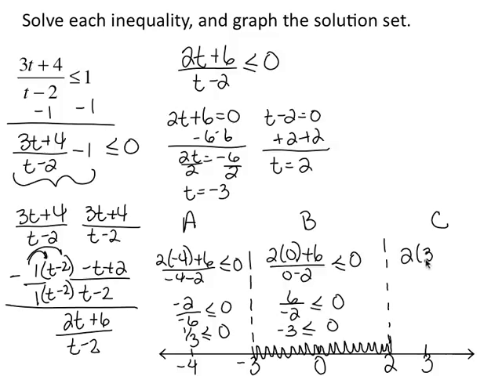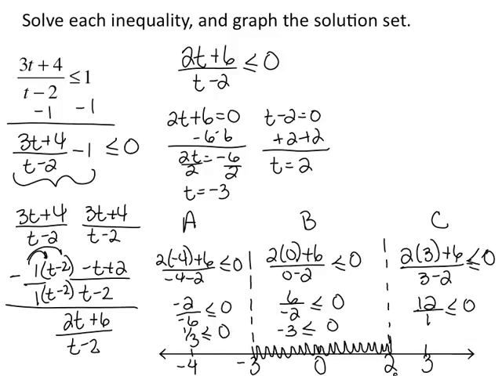So (2 times 3 plus 6)/(3 minus 2), is that less than or equal to 0? So 2 times 3 is 6. 6 plus 6 is 12. Divided by 1, that's not less than or equal to 0. So we can't include any point on interval C.